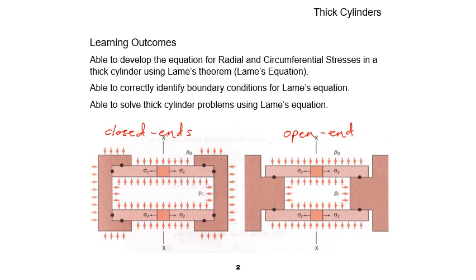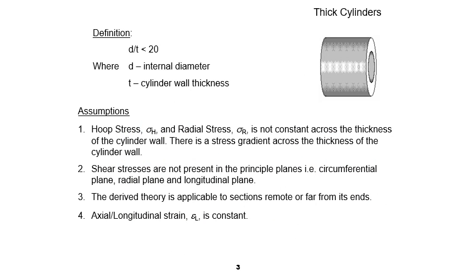The one on the right, the cylinder and the caps can move independently. That's why it's called an open-ended thick cylinder. The definition of thick cylinder continues from the definition of thin cylinder.